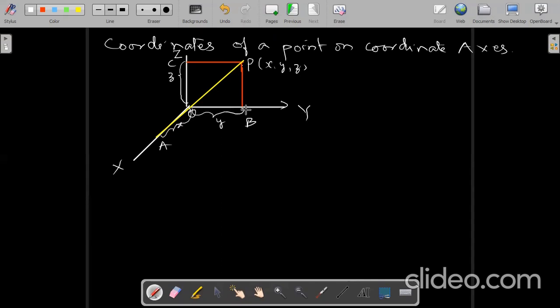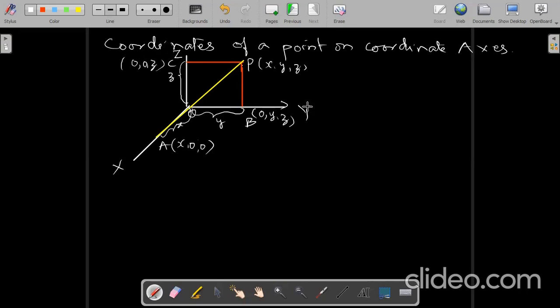But what will be the coordinates of B? B is lying on the y-axis, C is on the z-axis, and A is on the x-axis. The coordinates of a point on the x-axis are always x distance, and y and z will be 0. Point A will have the coordinates x, 0, 0, on the y-axis 0, y, 0, and on the z-axis 0, 0, z.